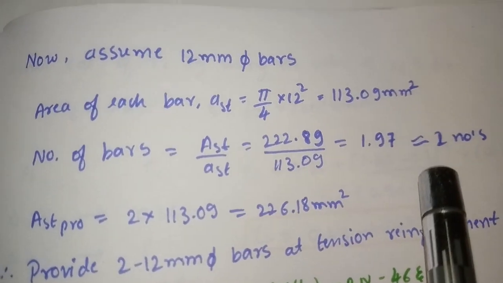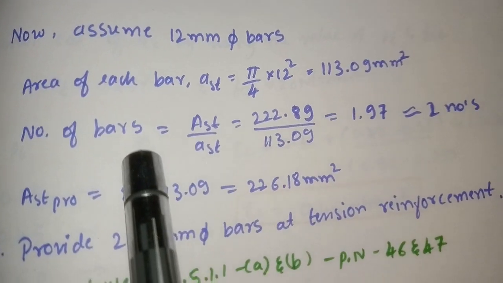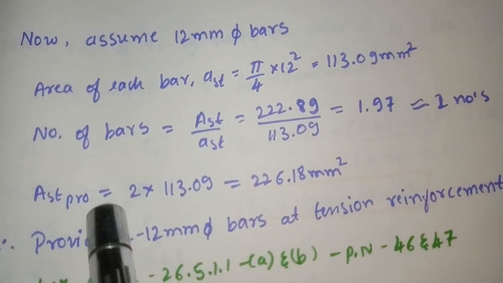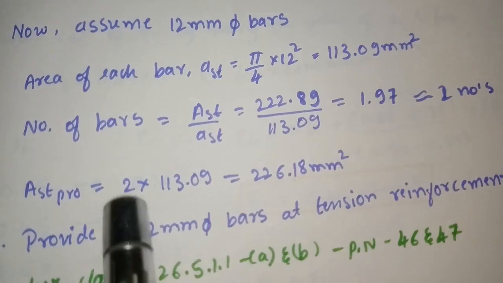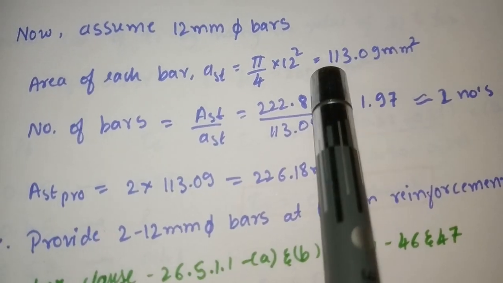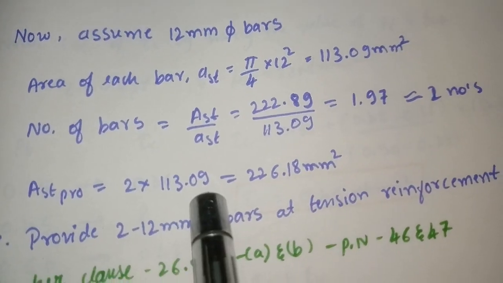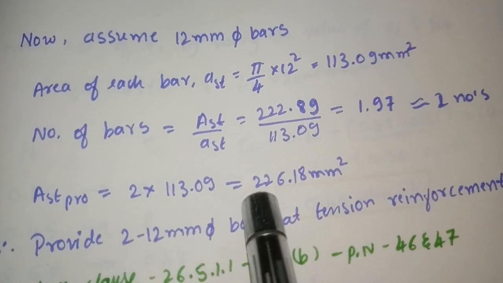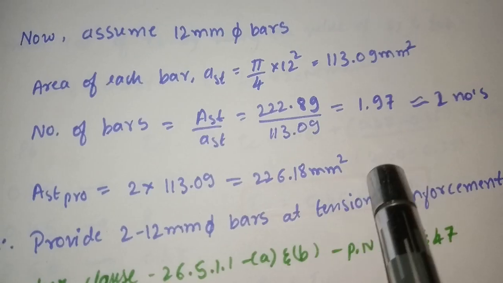After calculation of the number of bars, we'll go for the calculation of AST provided. For AST provided, we have the formula number of bars into area of each bar. The number of bars is 2 and the area of each bar is 113.09. Substitute all the values and simplify this. We'll get our AST value as 226.18 mm square.